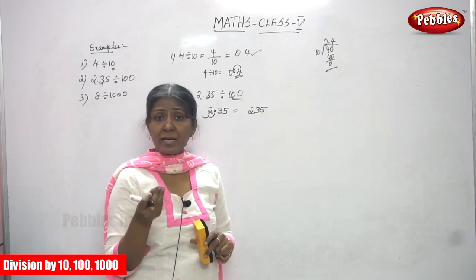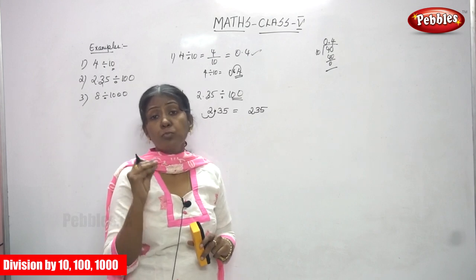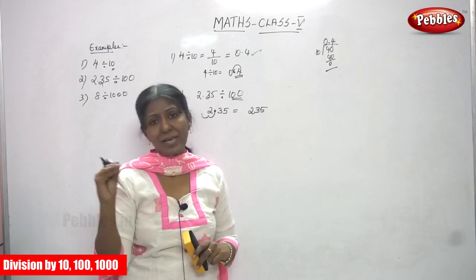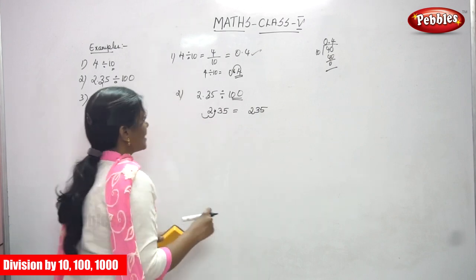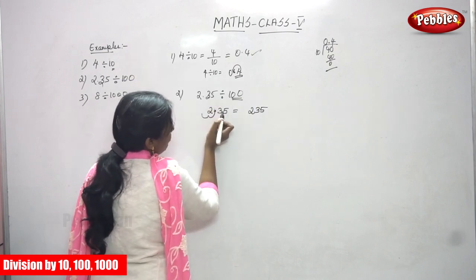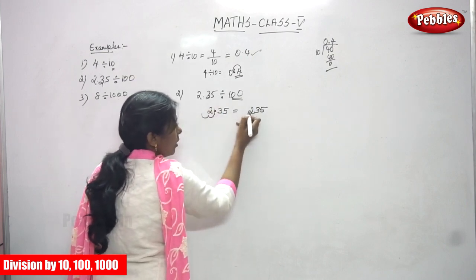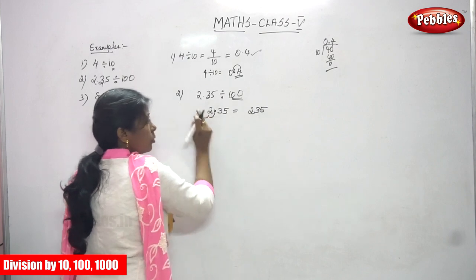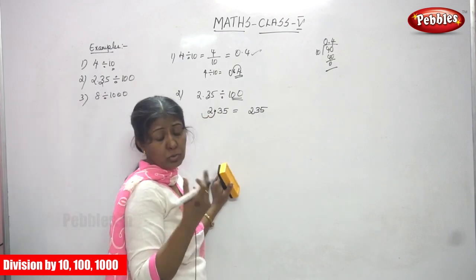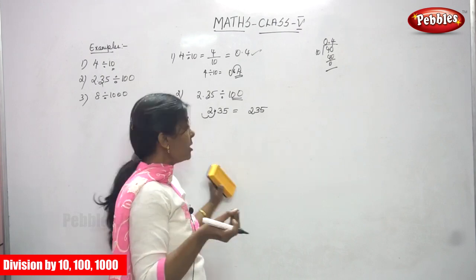So divided by 100, the decimal point moves two places to the left. So 2.35, you have to write 2. After that, one more place must be there, but you don't have a place value, you don't have a number there. So what are you going to do?